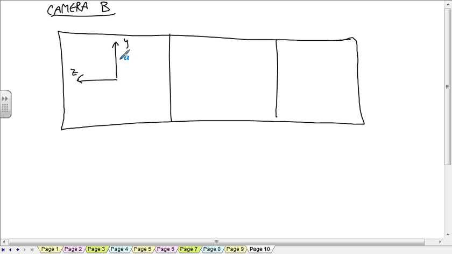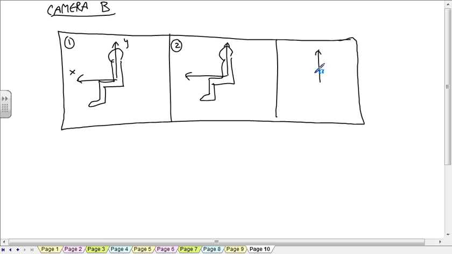So the camera sees this. Okay. Then at the second frame, now the person's gotten to that spot. The camera still just sees the person sitting right there. Now the person goes by the spot. And the camera sees that.